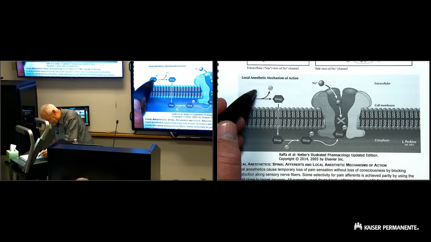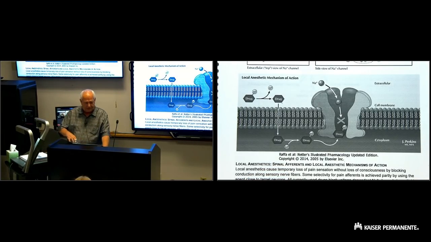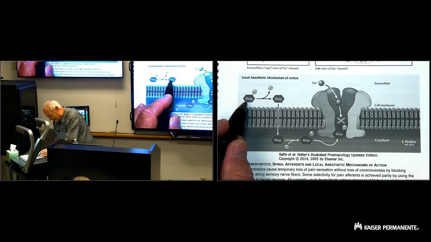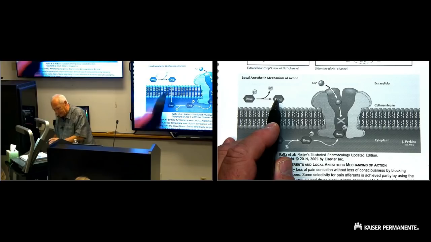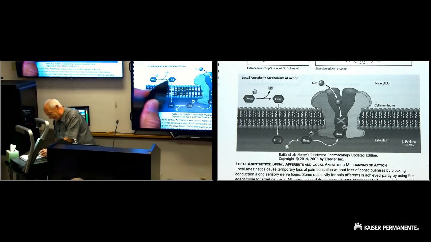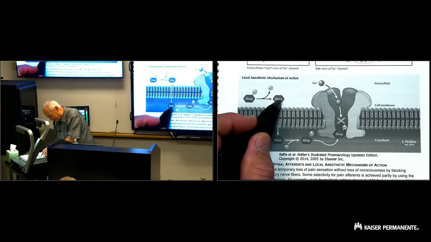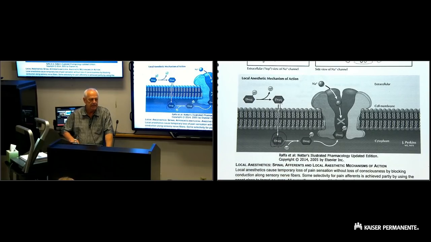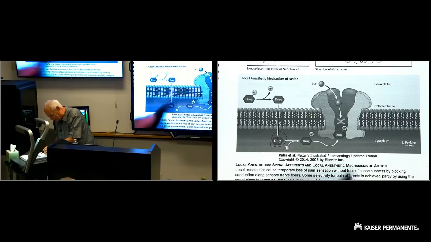And this part is ionized. See the drug with a hydrogen ion stuck to it? That's this one. And this part is non-ionized. There's no hydrogen ion stuck to it. That's just drug. So the non-ionized portion penetrates the nerve and gets inside. And once it's inside, it establishes a new equilibrium. It's a new compartment.